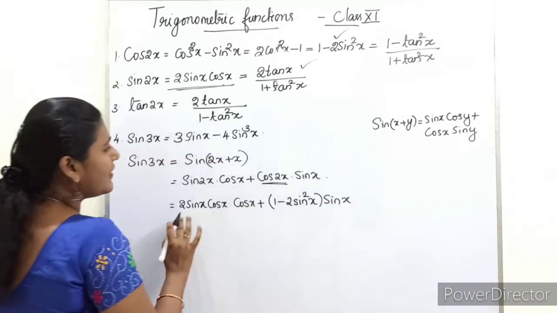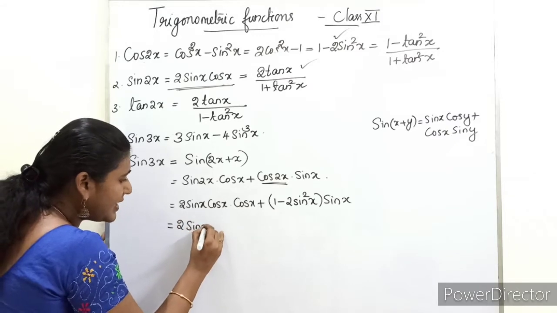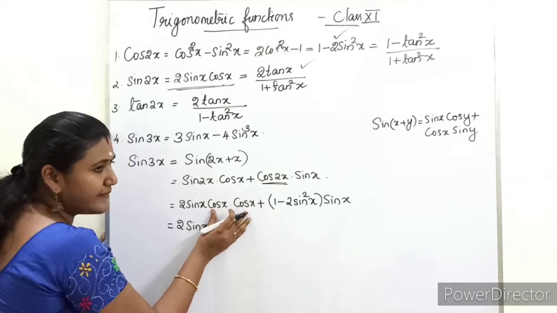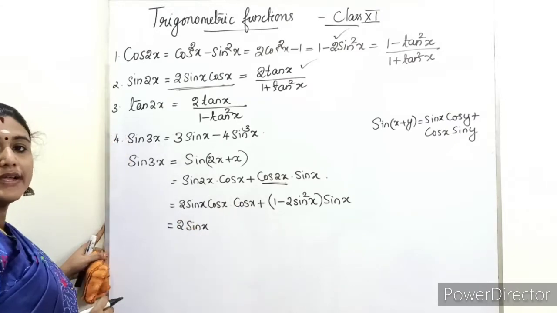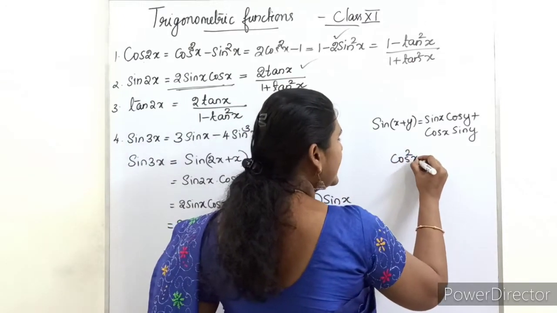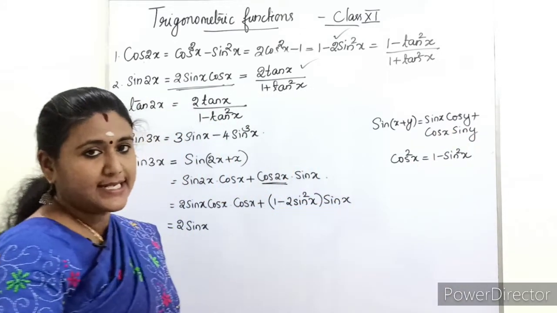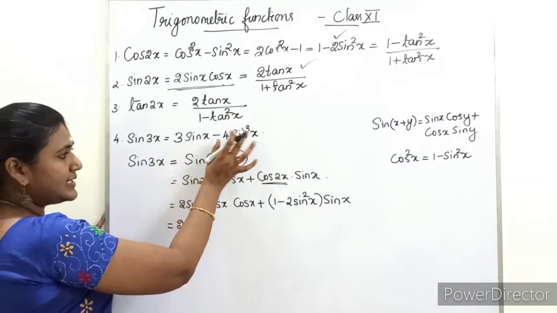Now we will simplify this, you will get the result. So 2 into sin x, and here you see cos square x. When you multiply these two you will get cos square x. Again, cos square x, from the identity, what is the value of cos square x? 1 minus sin square x, because we need everything in terms of sin.